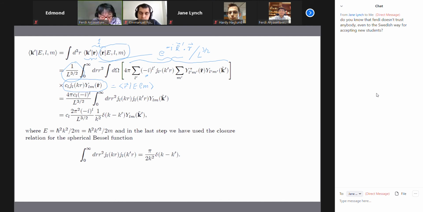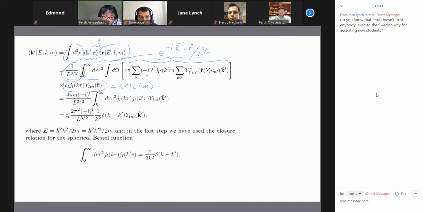Okay. So now we write this integral in terms of the spherical coordinates. So we have a radial integral and an angular integral. The angular integral can be done because we make use of the orthogonality of the spherical harmonics.